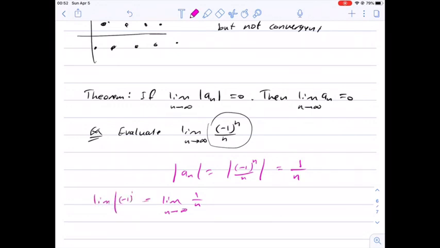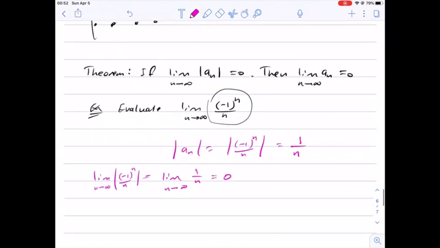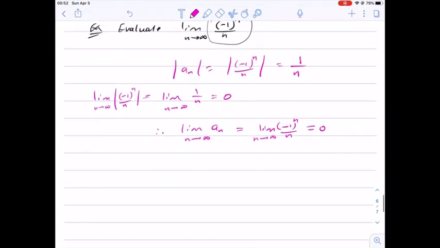This is the limit of the absolute value of -1 to the power n over n as n approaches infinity. Substitute infinity, 1 over infinity is 0. So if the limit of the absolute value of the sequence is 0, then the limit of the original sequence, without using the absolute value notation, the limit of -1 to the nth over n as n goes to infinity, is equal to 0.